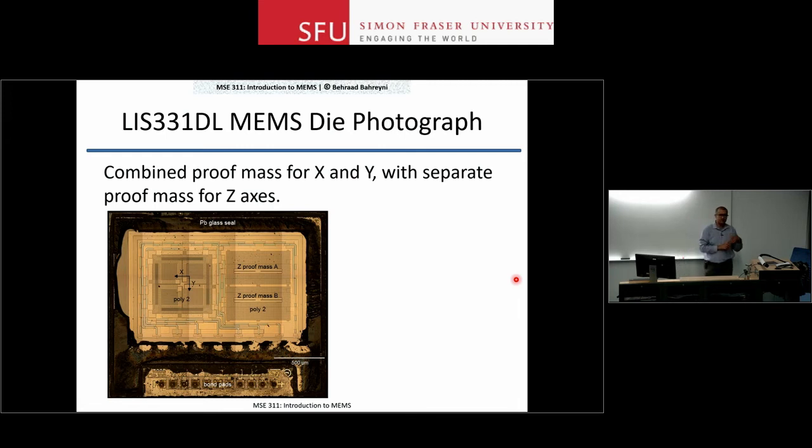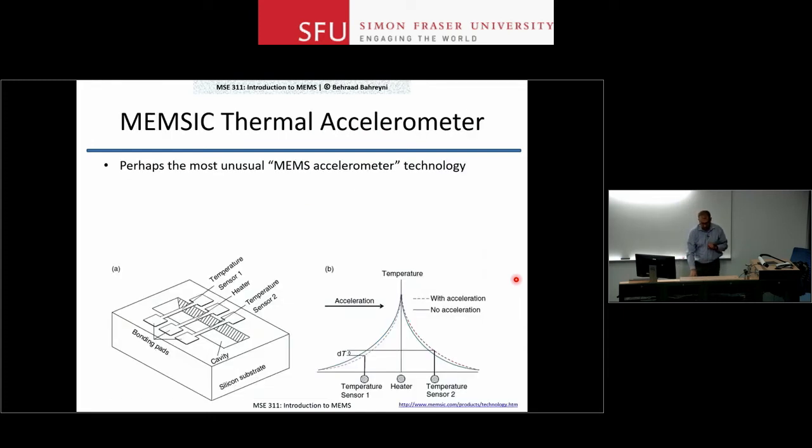So the cross-axis sensitivity may hurt you so much that you give up the idea of a single proof mass device. Here is an example that they have actually 2 accelerometers inside the package. So they do X and Y measurement with one proof mass and then the Z measurement with a different proof mass.